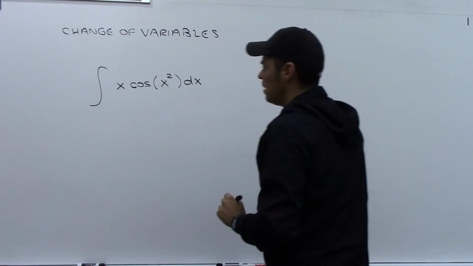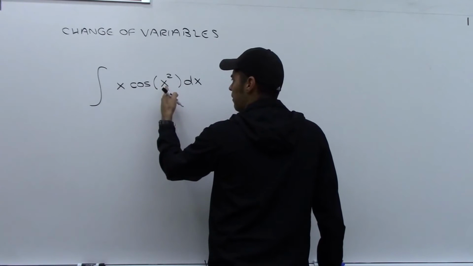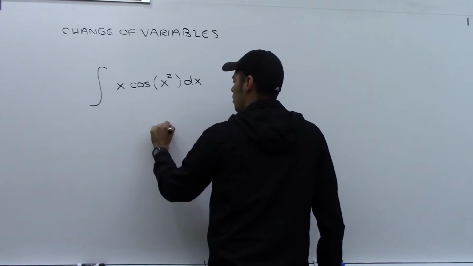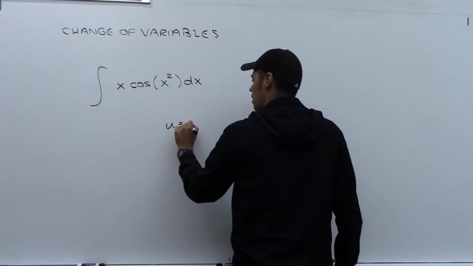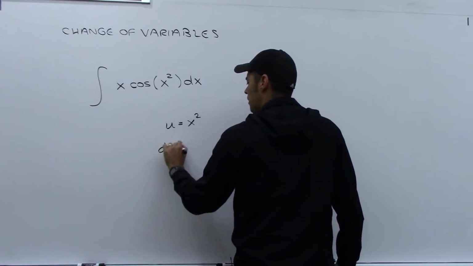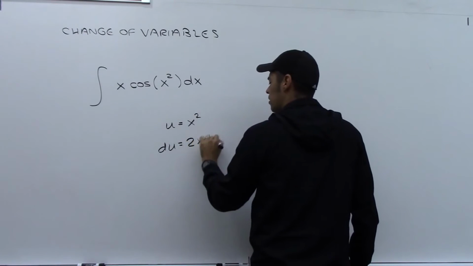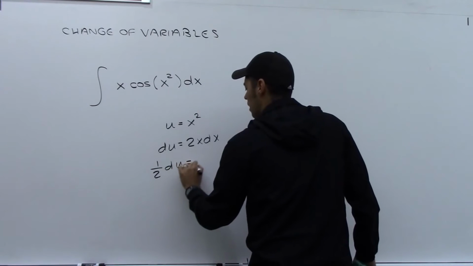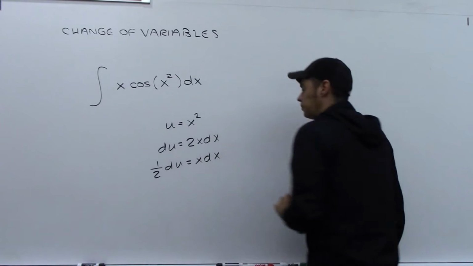What we would realize is that if we let this be u, this is almost the derivative of it. So we make a substitution. u is x squared. We differentiate. du is 2x dx. And then we could say half of du is x dx.